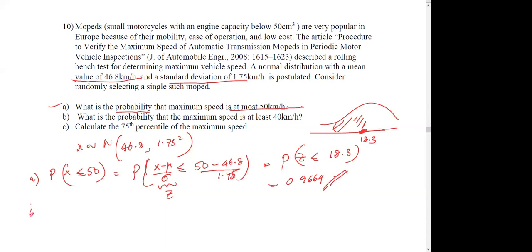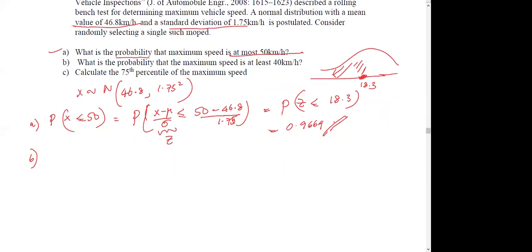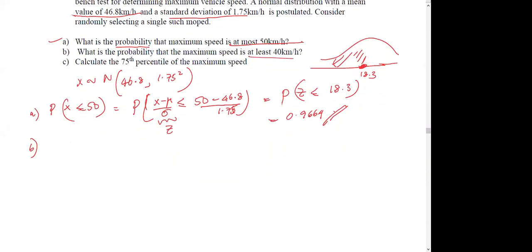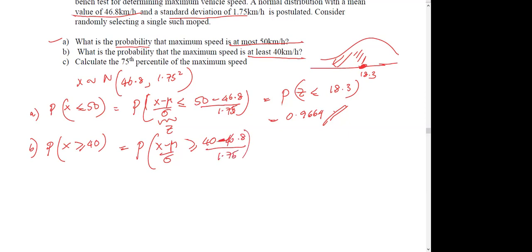I think I can finish this real quick. Part B asks what is the probability the maximum is at least 40. So probability of x greater than or equal 40. Same way, x minus mu divided by sigma greater than or equal 40 minus 46.8 divided by 1.75. This means probability of Z greater than or equal negative 3.89.